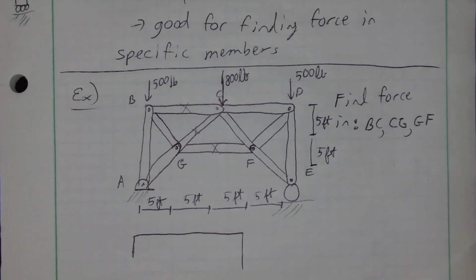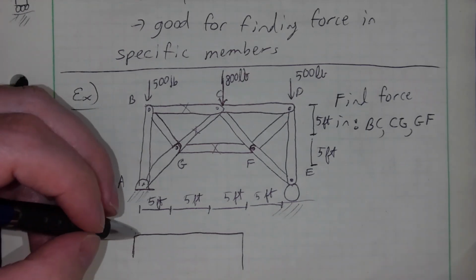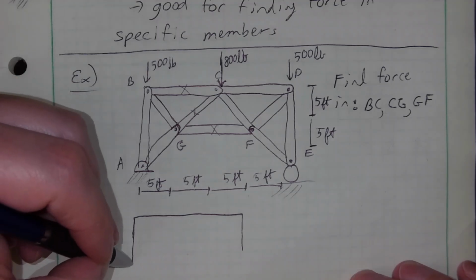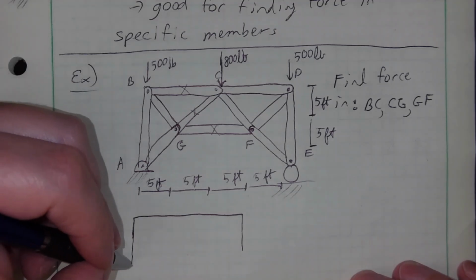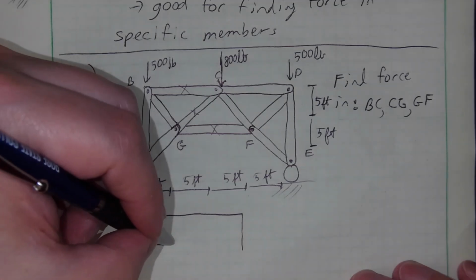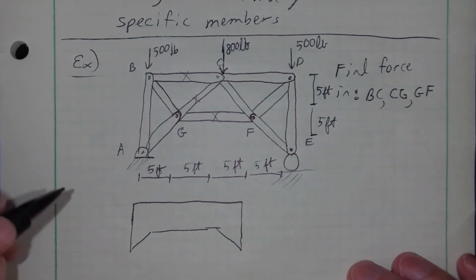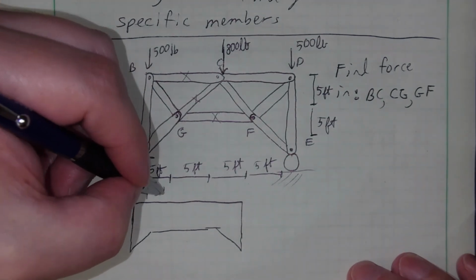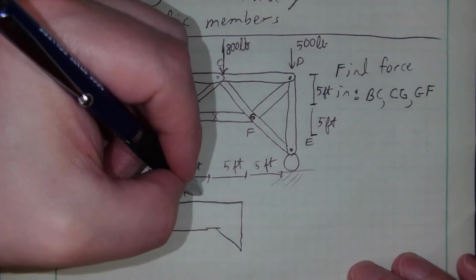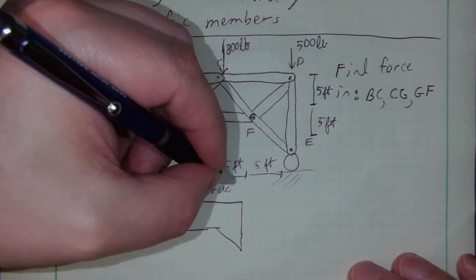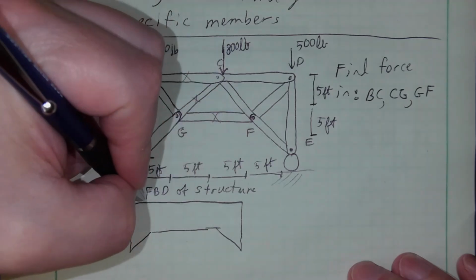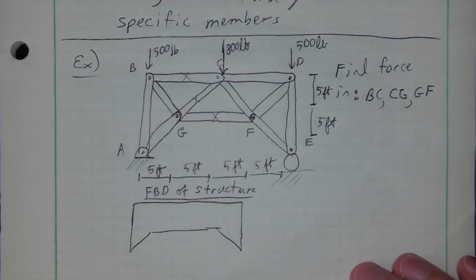Okay, so to find reactions, let's draw a free body diagram of the whole thing. I started to do that, and I said, wait, you can't use moment equations because we don't know any distances. Free body diagram of the entire structure. Excuse me just a second.